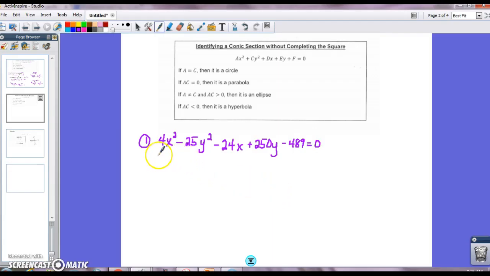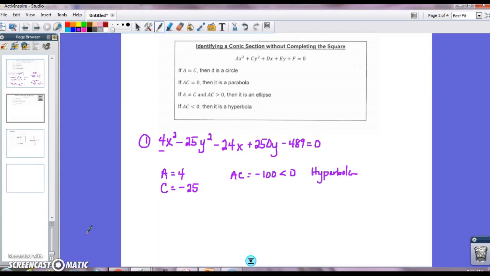Okay, so I'm going to look at my A and my C value. So my A value here is 4. My C value here is negative 25. So if I find A times C, that gives me negative 100. Since that's less than 0, that tells me that I have a hyperbola. Okay? That's all you have to do for those.